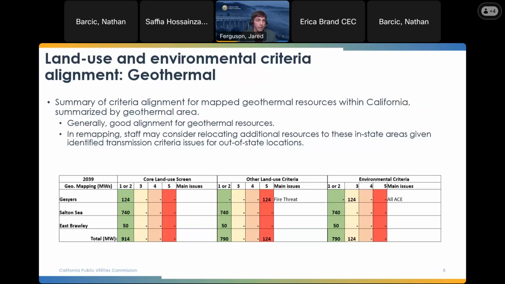But again, we also have to factor in the transmission implications, like the Salton Sea area also has its own transmission implications, and also factor in commercial interest of where we're seeing projects in development queues. So we have to balance all the criteria. Next slide.